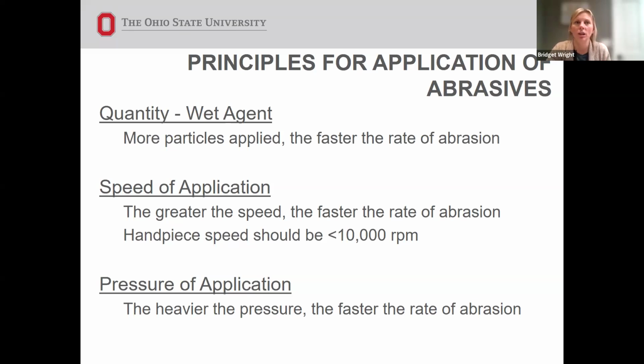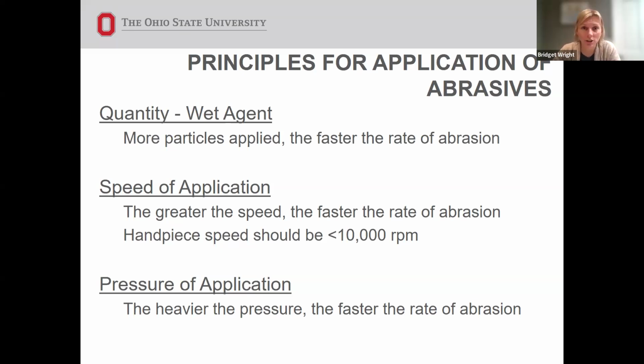We want to keep either our electric handpiece or our air-driven handpiece at a setting of less than 10,000 RPMs. When you come to the college, in the lab and in the clinic, we're going to be using electric handpieces. What's really great about that is you just set it for 10,000 RPMs as an example, and then you can push the rheostat all the way down, but it will never go faster than 10,000 RPMs.